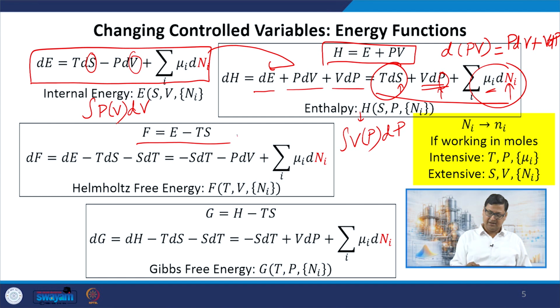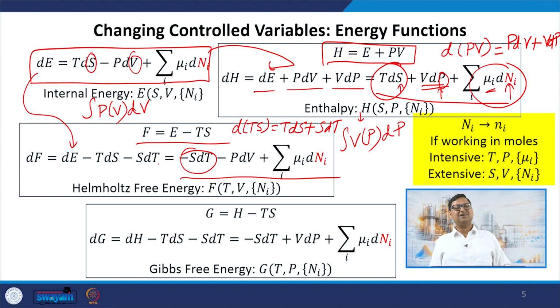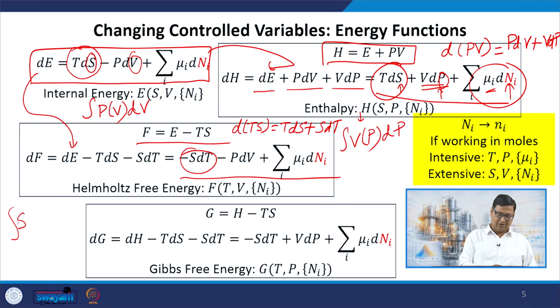And again, d of TS is equal to TdS plus SdT, and I use the expression of dE, put it here, and now I have a new expression. Again, similar to the expression of dE, what has changed is now we have minus SdT as opposed to TdS that we had here. So, now I will compute entropy as a function of temperature and change temperature.